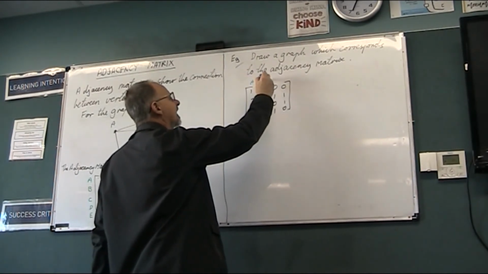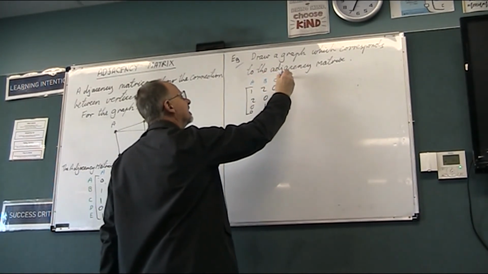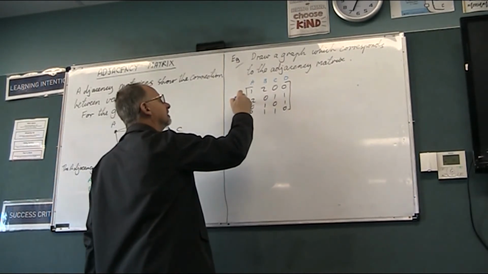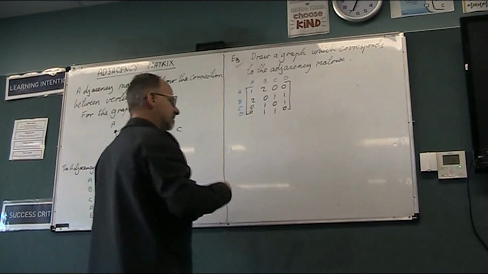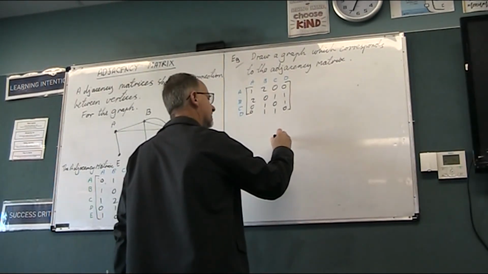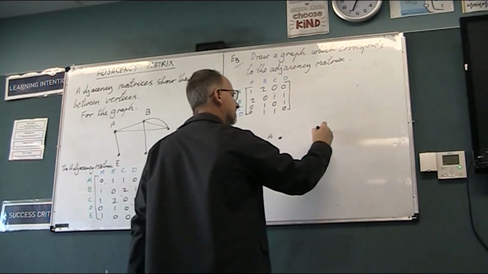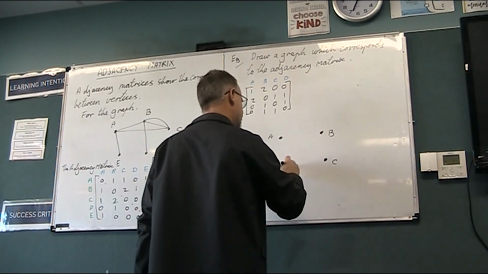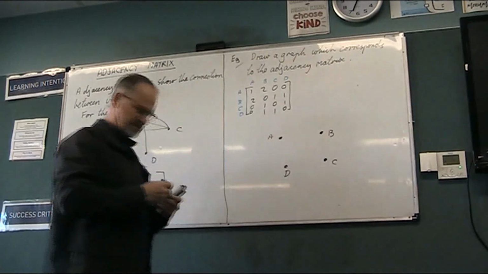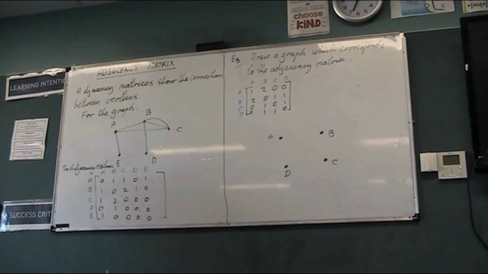So this is A, B, C and D. A, B, C and D. So let's put, okay, that can be A, that can be B, that can be C, and that can be D. And so we go and we look at the connections.